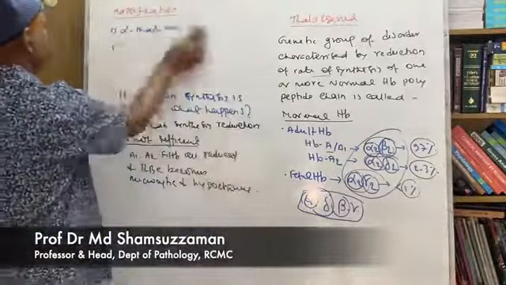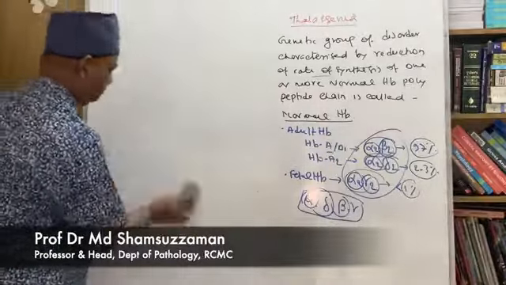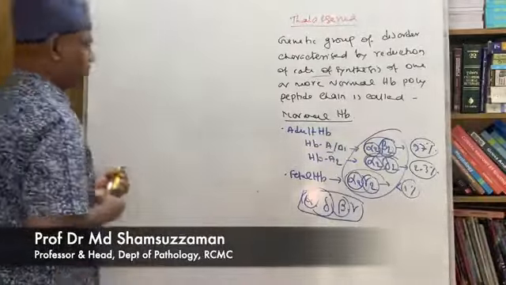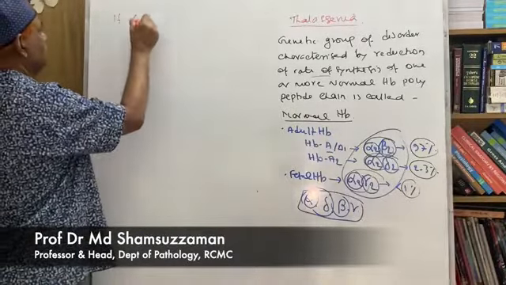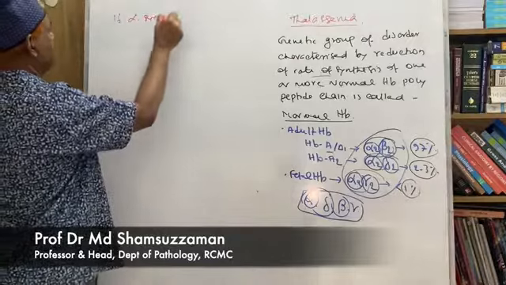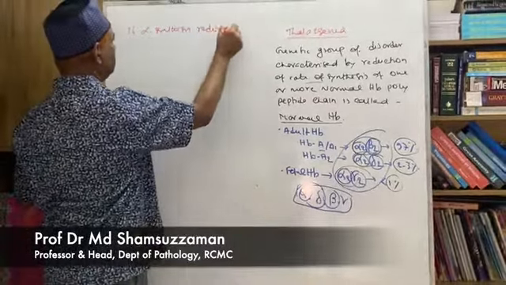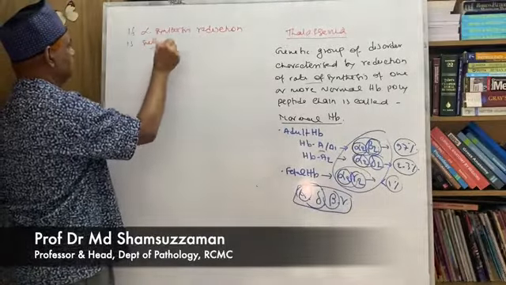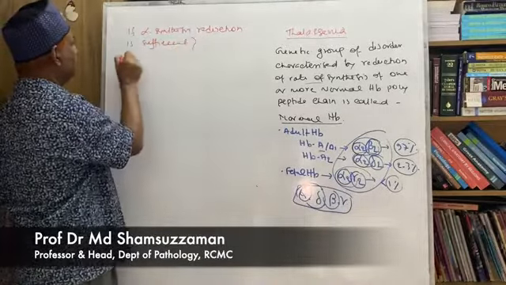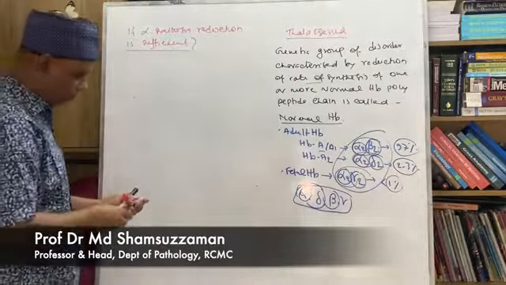Now come to if alpha chain synthesis reduction is sufficient. If alpha chain synthesis reduction is sufficient, what will happen there?